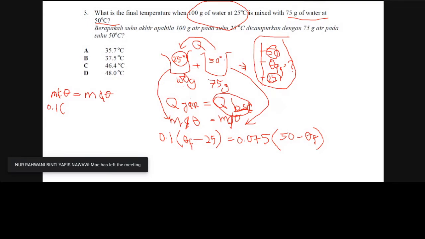So this something is theta F. So you buat dekat sini theta F minus 25. Sama dengan, now kita ada mass untuk air panas 0.075.